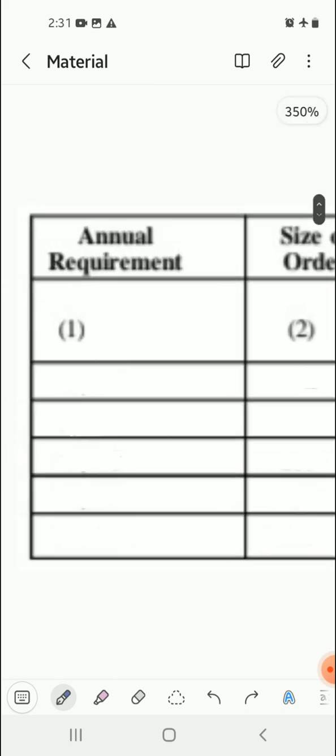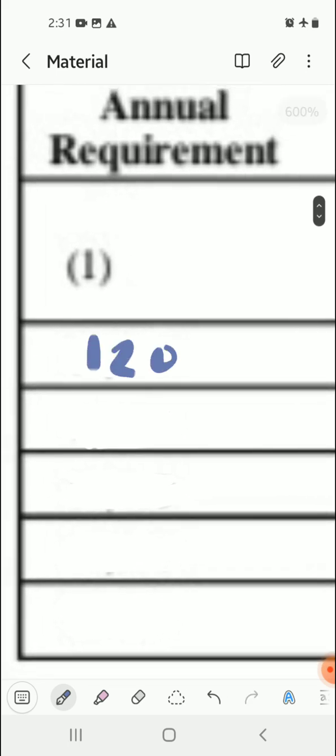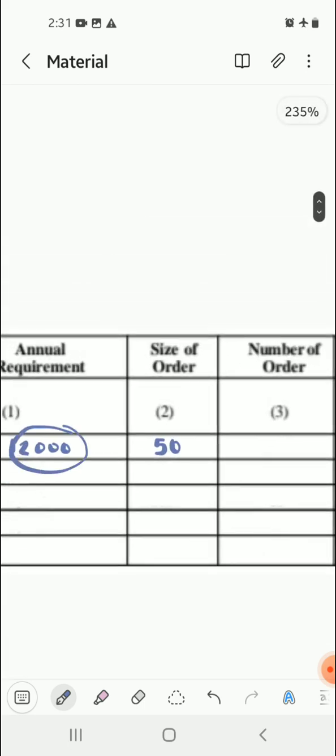Annual requirement every time is going to be 12,000 kg, since 12 tons was given. First, we will consider the size of order to be 50, purely on an assumption basis. So our number of orders will be 12,000 divided by 50.